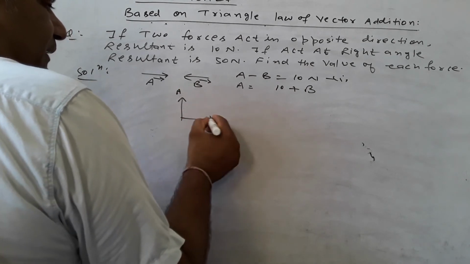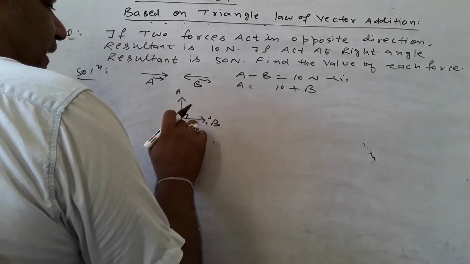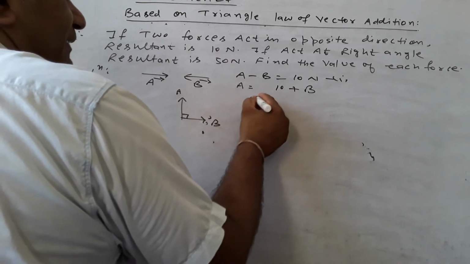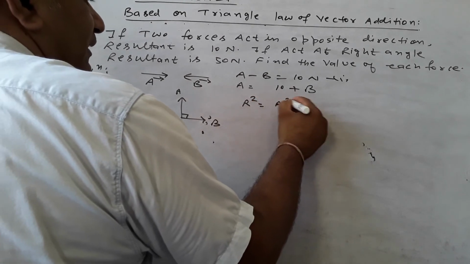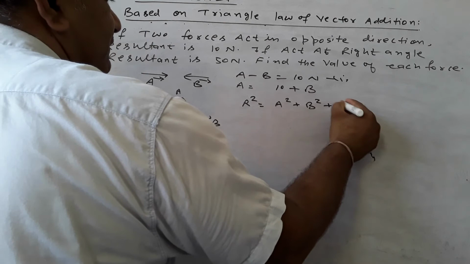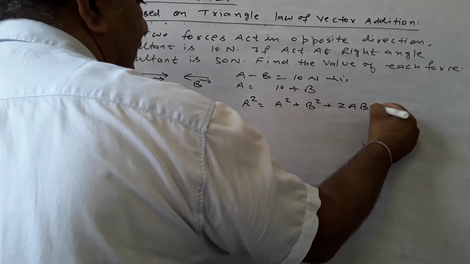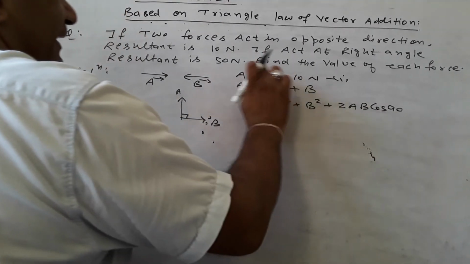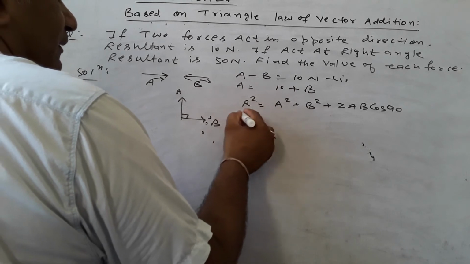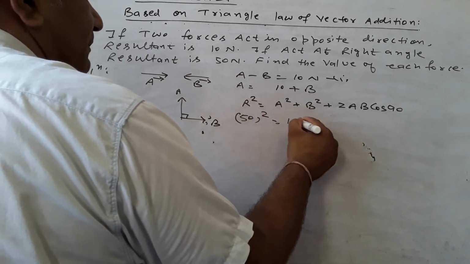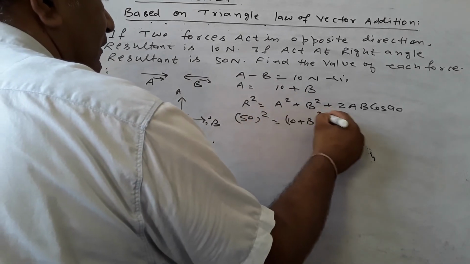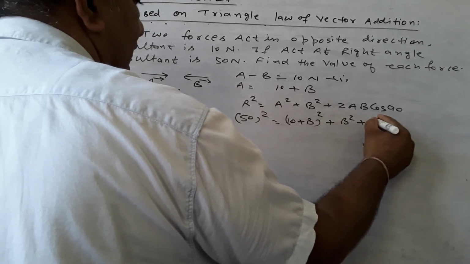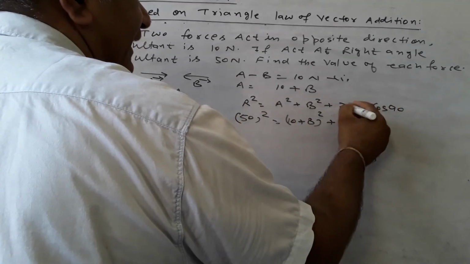This is A and B, 90. So R square equal A square plus B square. R is 50. A is 10 plus B. Cos 90 is 0, it will be 0.